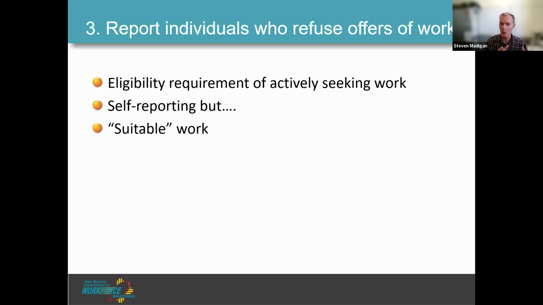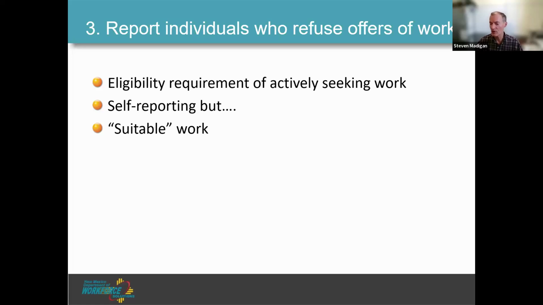But what we're looking at in order to deem if it's suitable, and there are 3 elements that we're examining there. First of which, is there a bona fide offer? So not just a simple, it'd be nice if you would come work for me, not a bona fide offer. That there is a specific start date, specific job title, specific duties, specific pay rate, etc. So that's what we consider to be a bona fide offer.